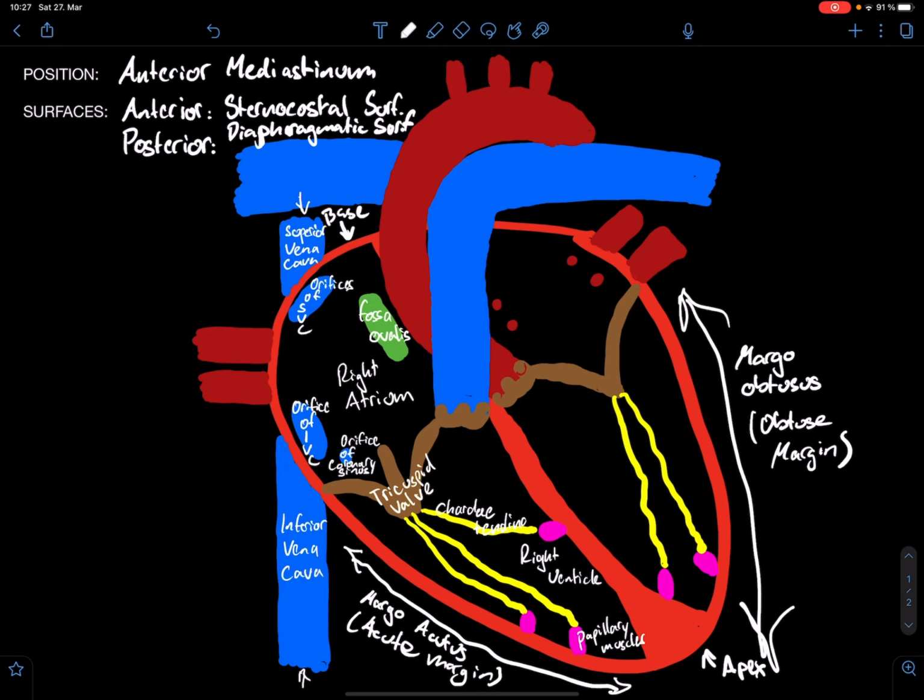The function of them is basically during systole, the part of the heart action where the ventricles constrict, the pressure rises, and this pressure is needed to pump the blood into the pulmonary circulation or the systemic circulation.